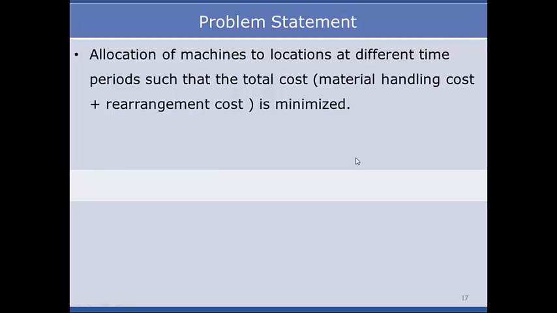Now some time periods were considered. For the first time period, the location and sequence of the machines, meaning the layout of the machines, will be something. In the second time period, as the products, their quantities and their operations change, the layout will change accordingly. So it will incur a rearrangement cost.